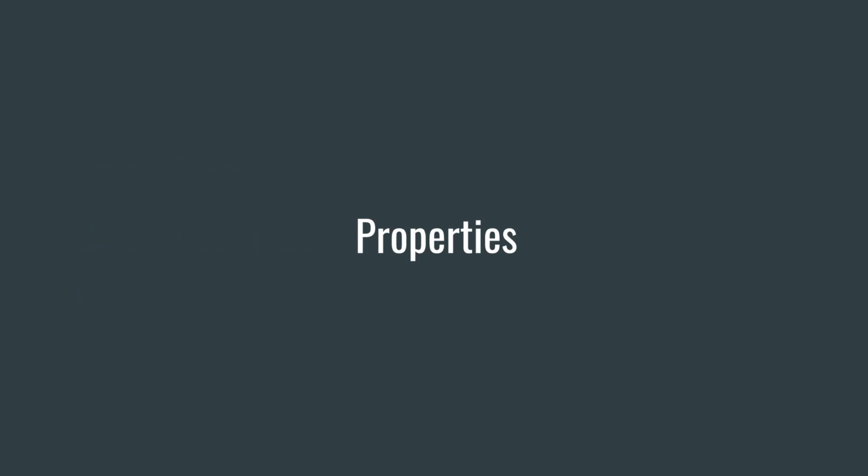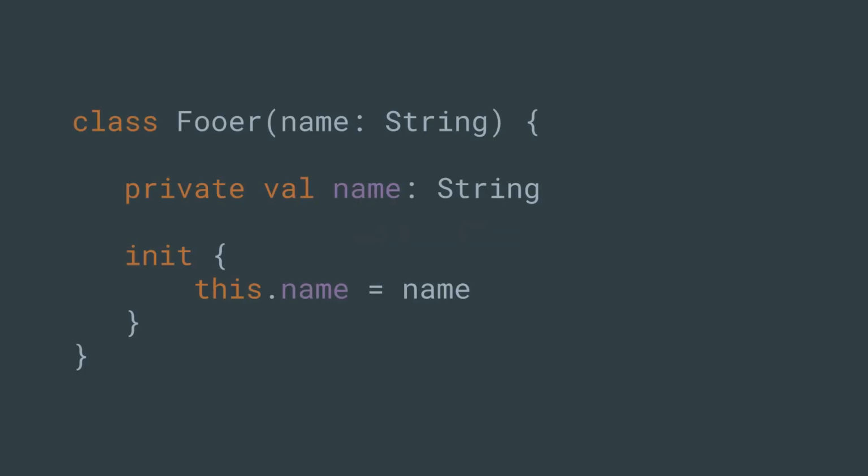Kotlin doesn't really have the concept of fields of a class. Just like, for instance, C#, it has the concept of properties. You say that your class, in this case Foo, has a property called name, and you initialize it with the constructor parameter. This is quite similar to what you do in Java.